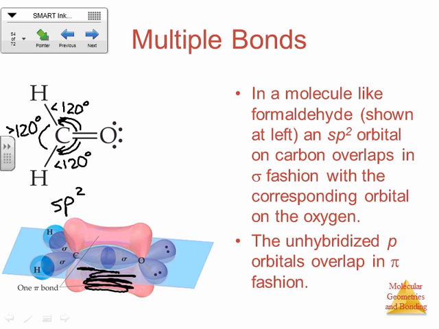Let me erase some of this. So the hybridized orbitals right here, the one that's connected to this hydrogen, and the one right here that's connected to this hydrogen, and then the one right here that's overlapping with the oxygen, that's the sp2 hybridization. This p orbital right here is unhybridized, and so it can form the double bond with the oxygen.